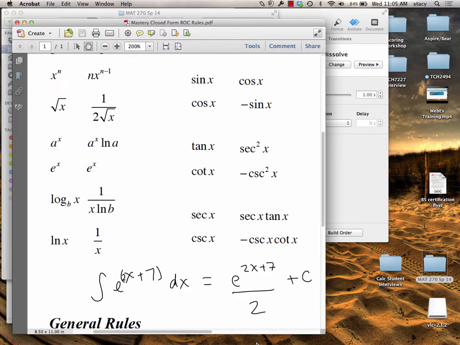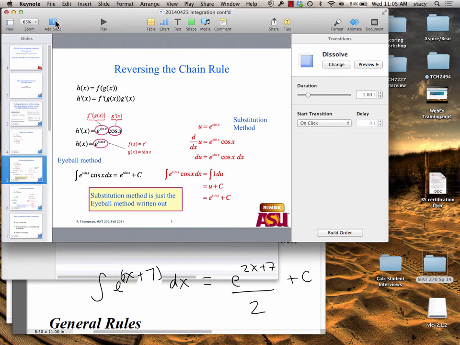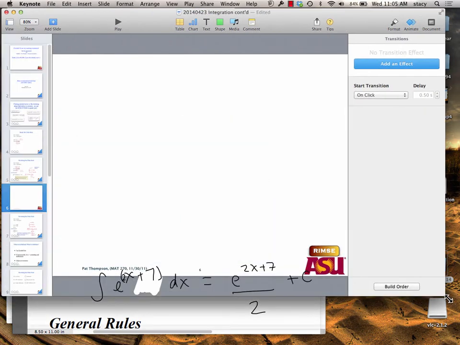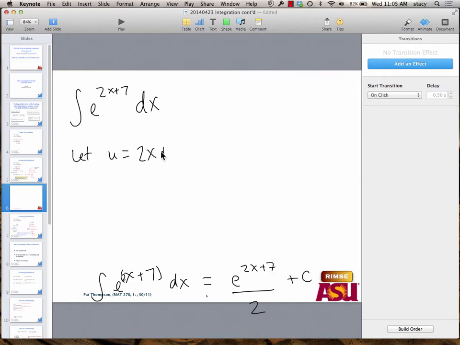So I need more clean space, though. Let me get more clean space. Okay, so let's say that we are still trying to find this integral, right? I'm going to look for the complicated looking thing. That's complicated looking, and it's the inner function of the composition.